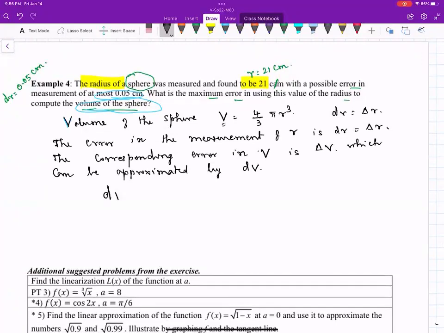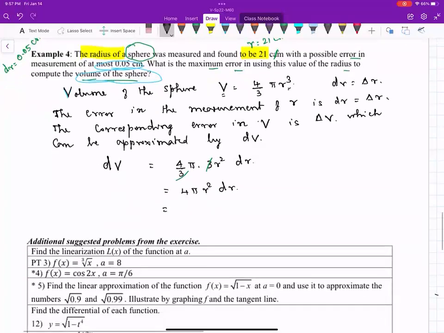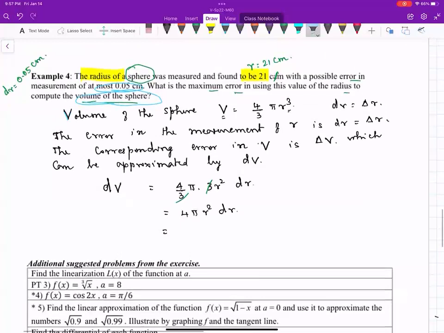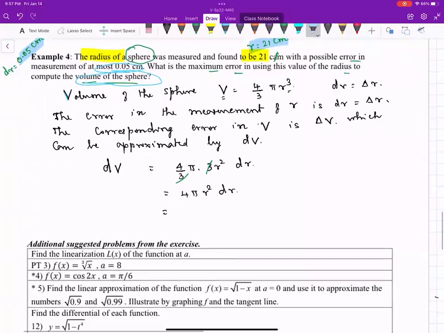We are going to use dv, which is 4 by 3 pi, then the derivative of r cube, which is 3r square dr. So this 3 and 3 cancel out, which becomes 4 pi r square dr. dr is given in the problem, and also r is given in the problem. So we know these values. R is 21 centimeter and dr is 0.05 centimeter.